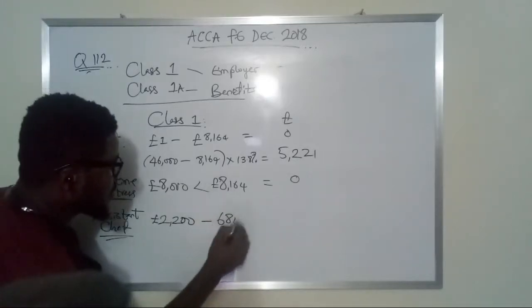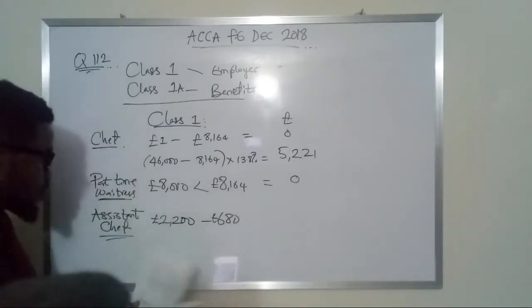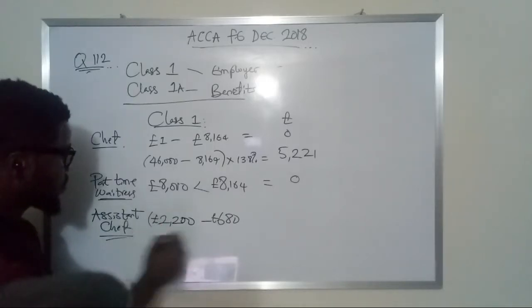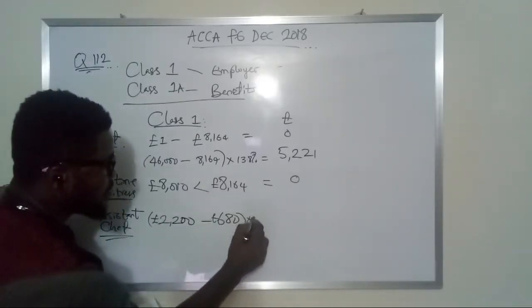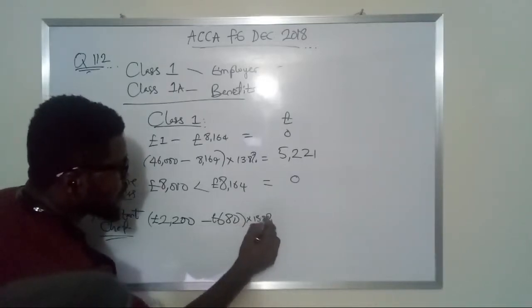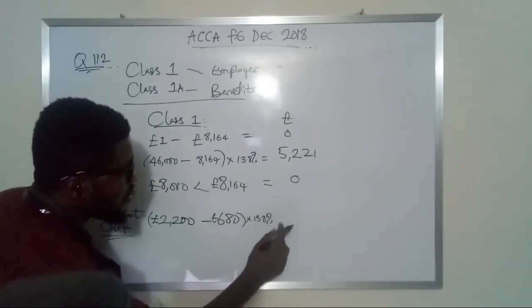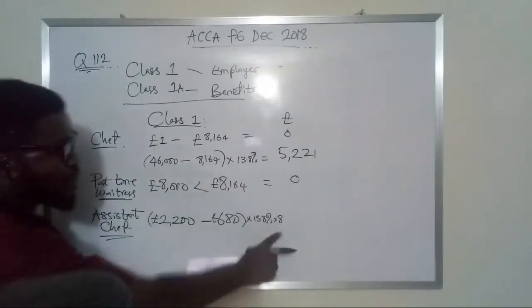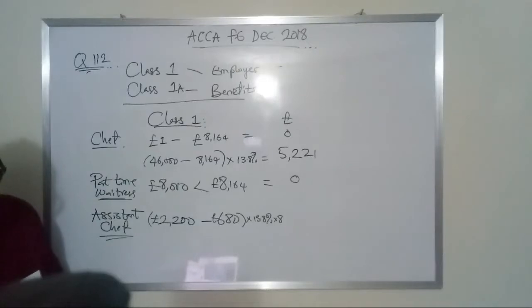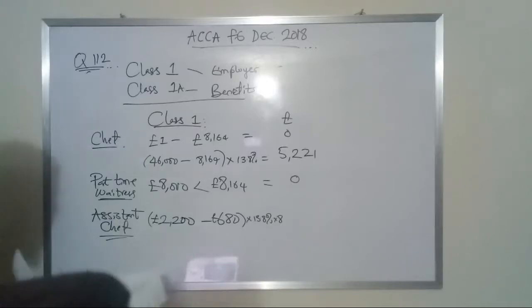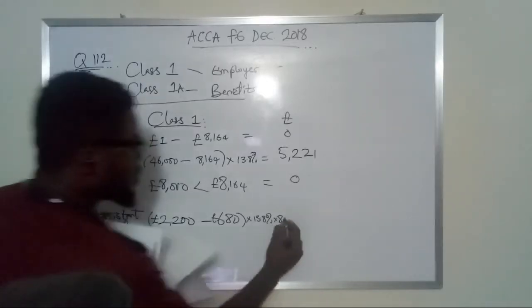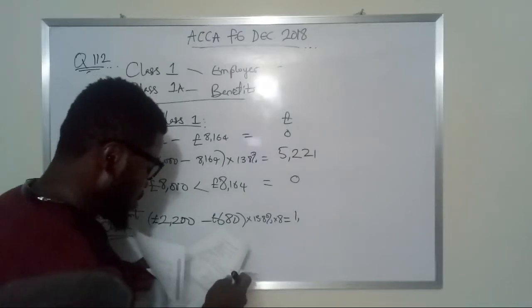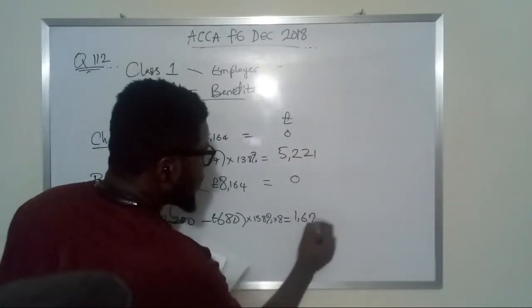So 1,520 times 13.8% times 8, where 8 is the number of months. If I do this, I will end up with 1,678.